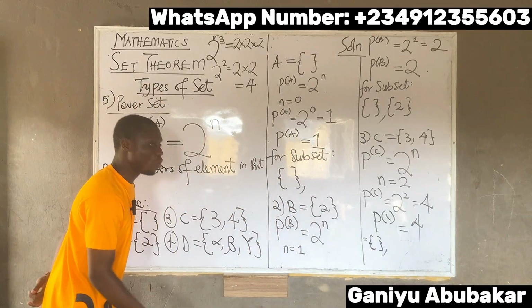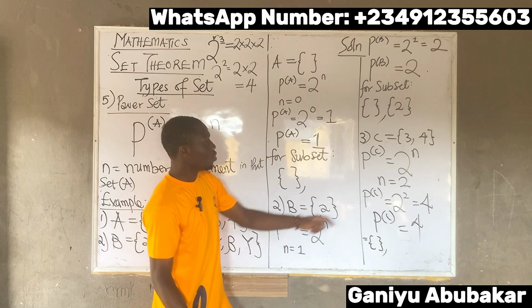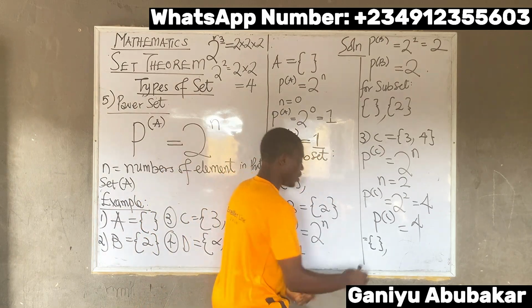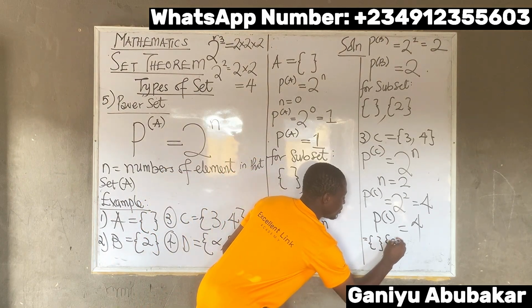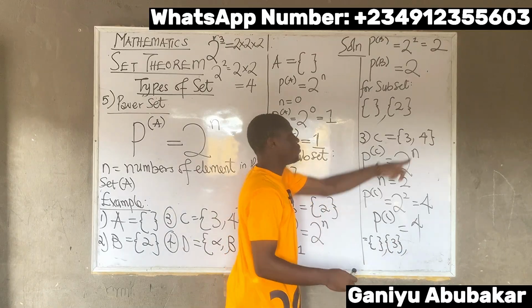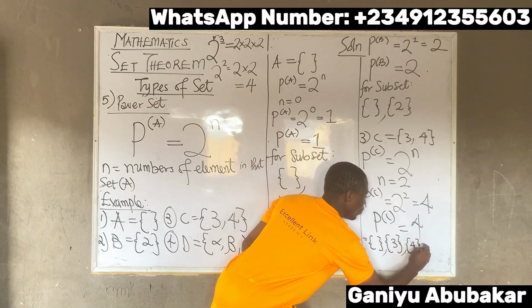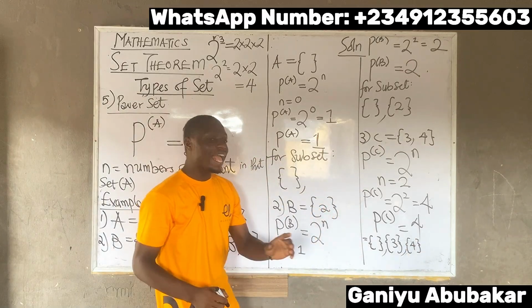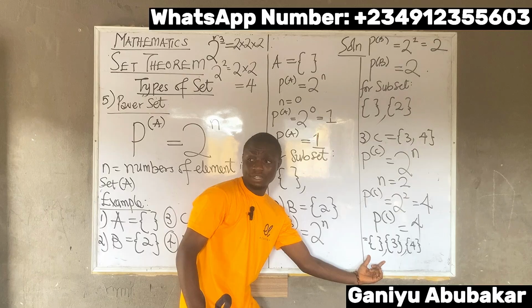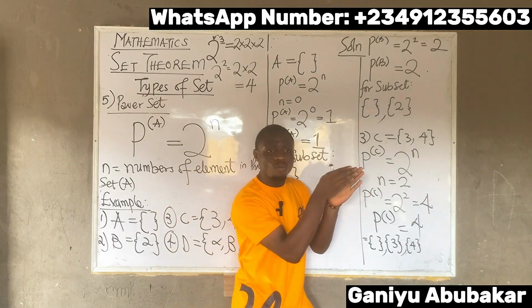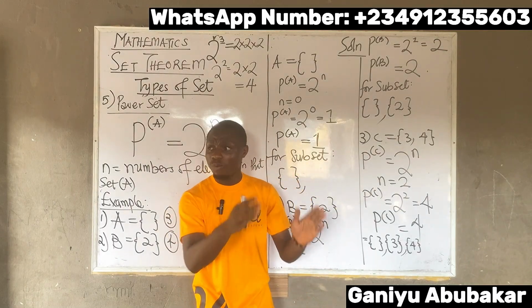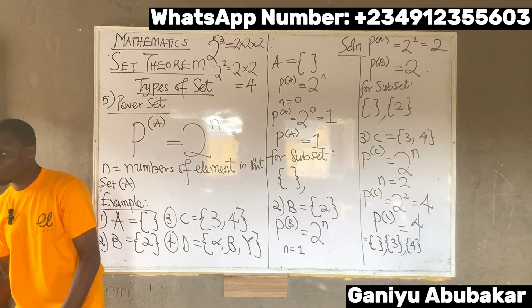What have you seen here first? 3. Write out 3. What's next again? 4. Write out 4. Now, listen. I started with what? An empty set. After empty, pick them one by one. After 1, what's next? Pick them 2, 2.